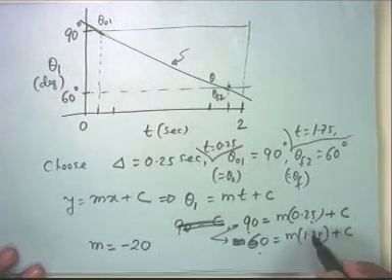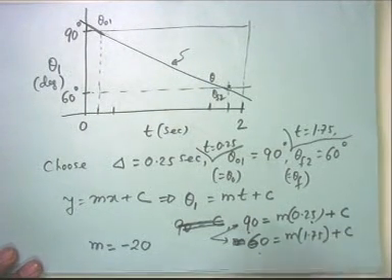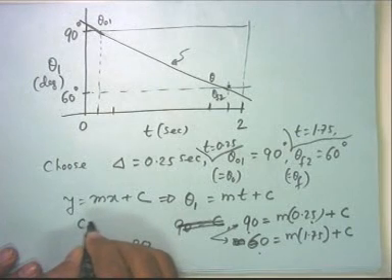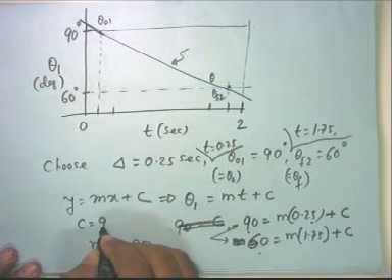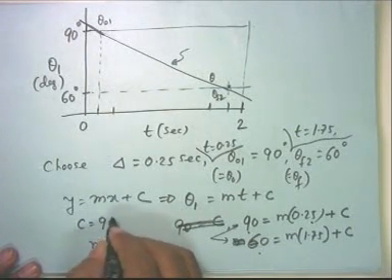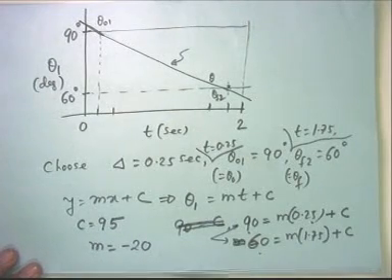So if you now solve these two equations, you will get c is equal to 95 and m equal to minus 20.